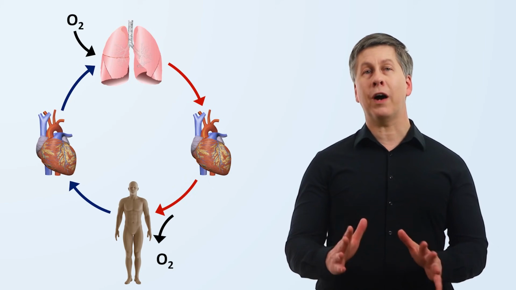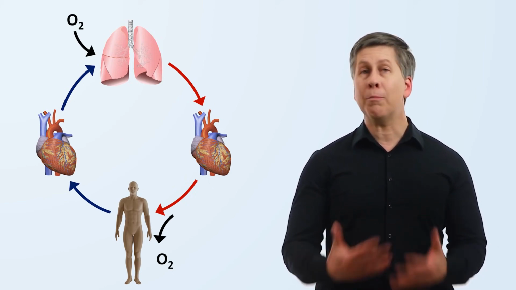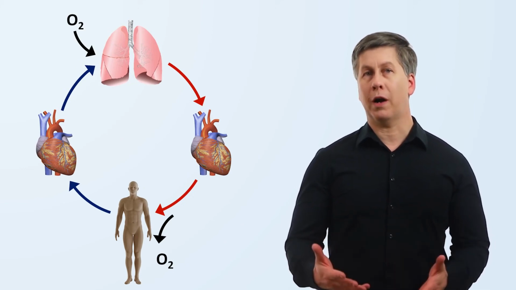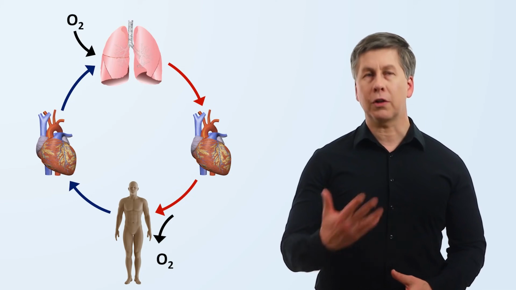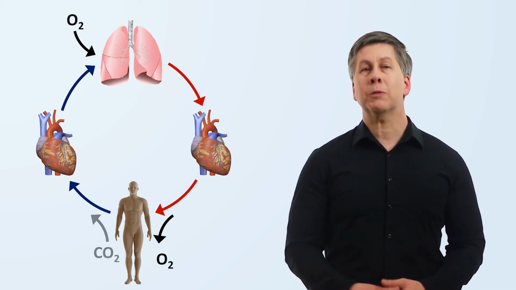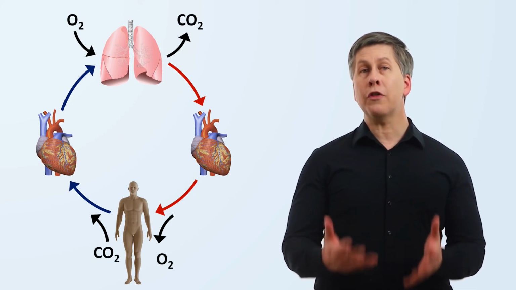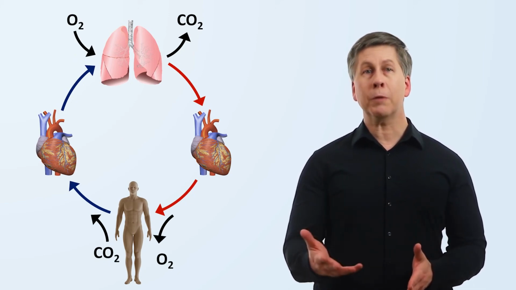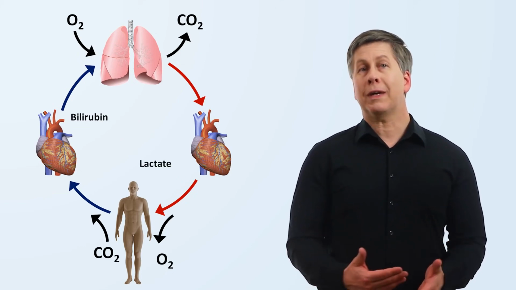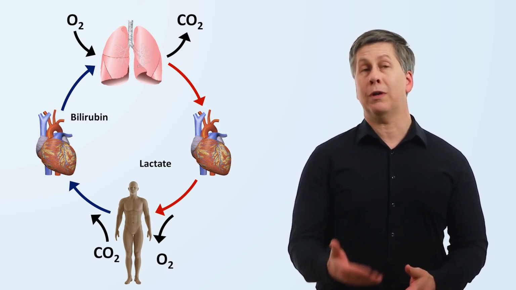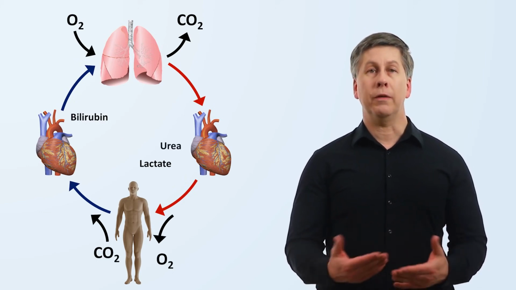But the movement of oxygen is just part of the story. Blood carries a lot more than that. For example, waste products, most notably carbon dioxide, which is a byproduct of cellular respiration, and which the heart must pump back to the lungs to be exhaled. Blood carries other metabolic waste products to the liver, such as bilirubin and lactate for processing and, in some cases, elimination from the body, for example, in bile. It carries urea to the kidneys to be excreted in the urine.